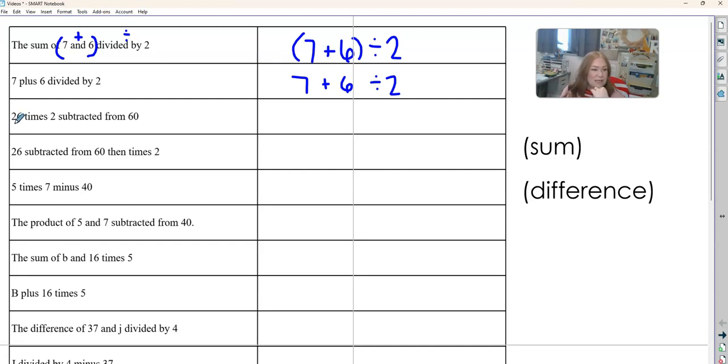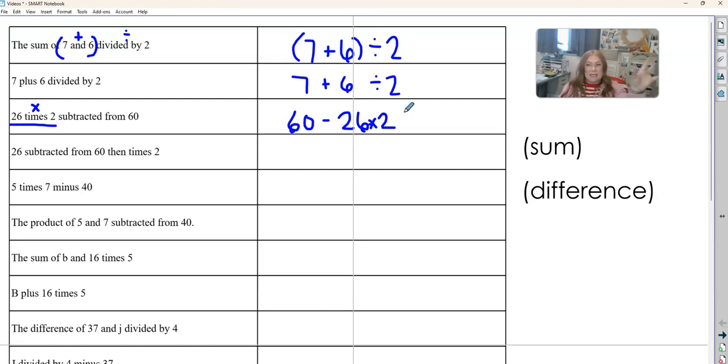So this one says 26 times 2. So I'm going to plug that in there, 26 times 2. And then I'm going to subtract that from 60. I'm taking it away from 60. It doesn't say minus 60. It says do 26 times 2, and then take this whole thing away from 60.